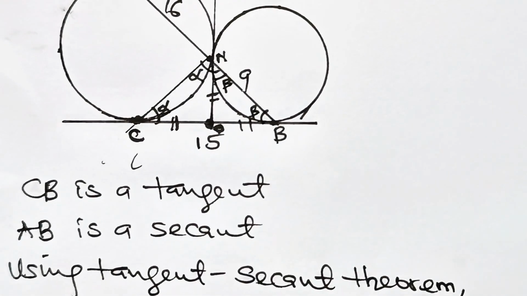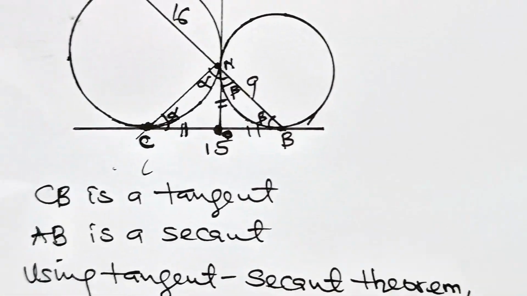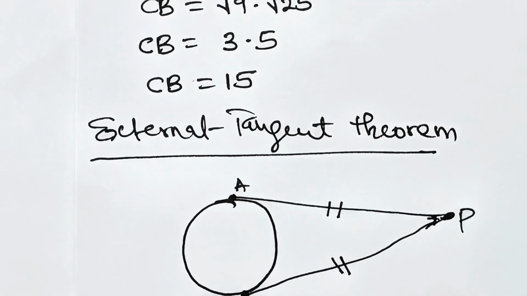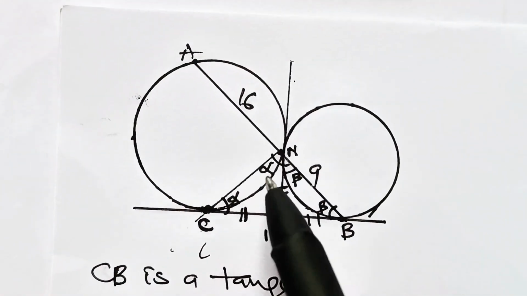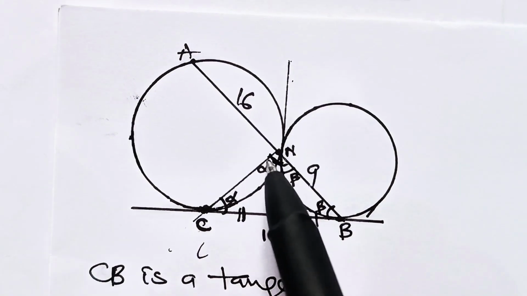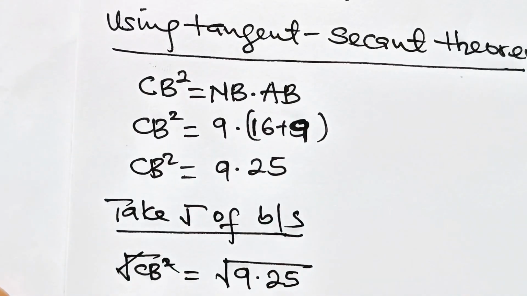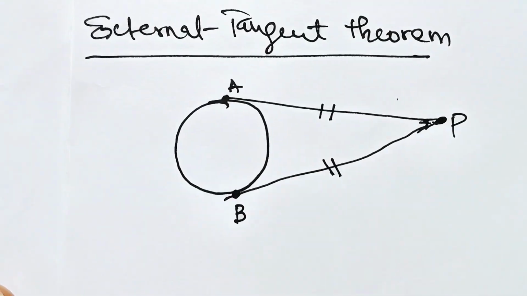Now what we have is triangle CNB. Let me draw it out. From here to this line is alpha, and from here to here is beta. So let's draw triangle NCB.